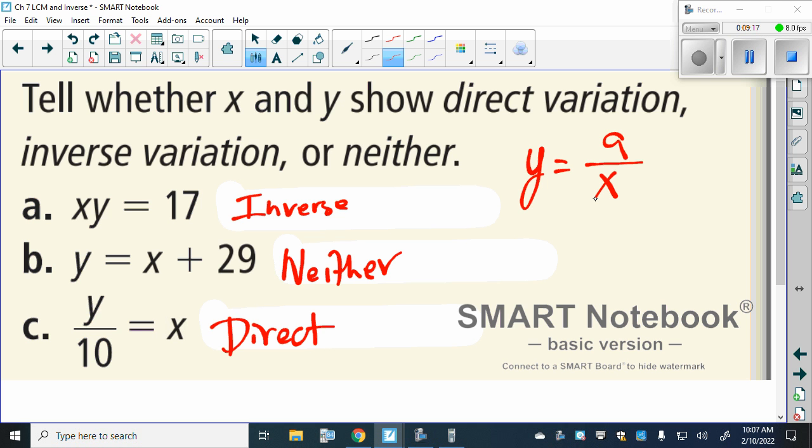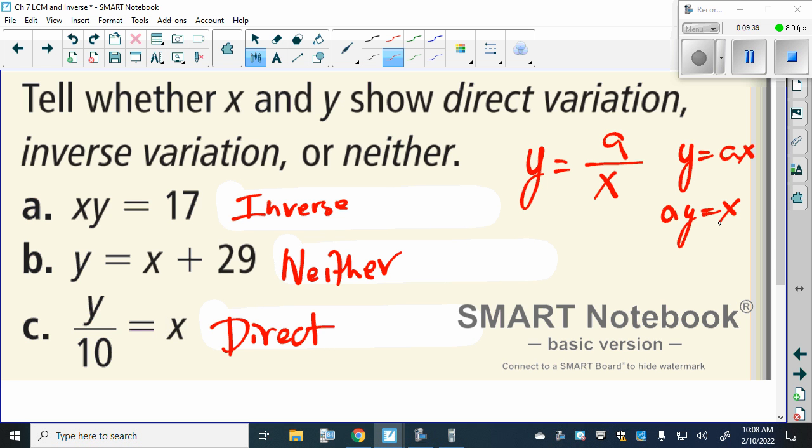Now for direct, y is equal to a times x. Y and x are both in the numerator. So even if we wrote it the other way and said a times y is equal to x, which does work for direct, they're still both in the numerator. It just works out that a is a fraction.